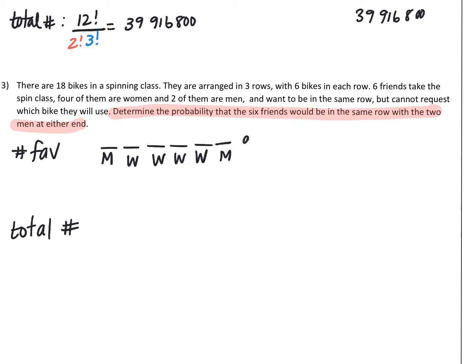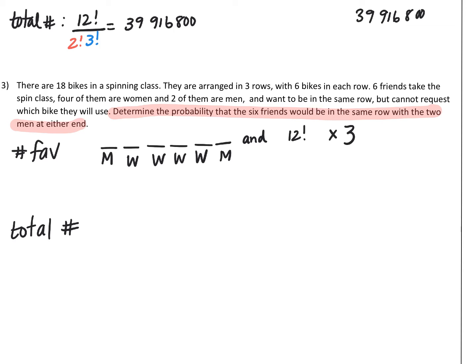And then we would have row 2 and row 3 where the people could be anywhere, right? So we've got 12 other people that we don't really care where they are, so they can just be arranged in 12 factorial ways. So that would be one scenario, and then we would have this 3 times over because they could be in row 1, row 2, or row 3, right?